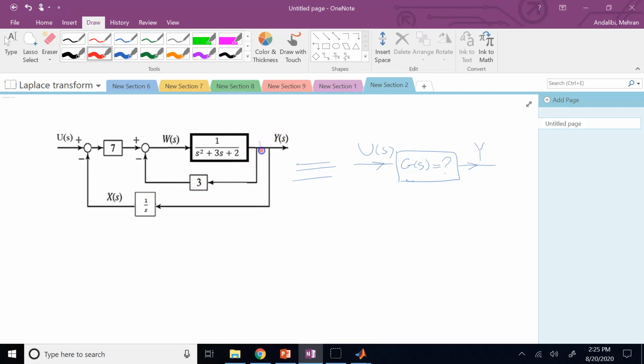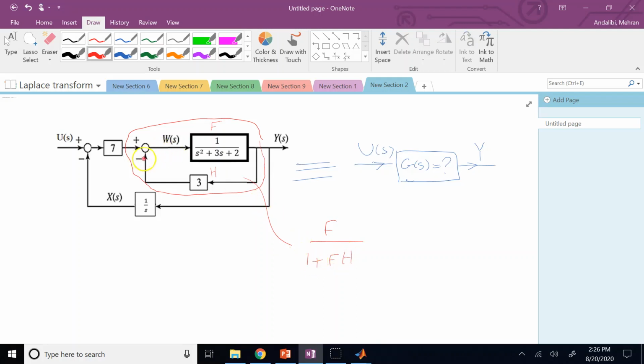This is a feedback loop where this is F and this is H, whatever you want to call it. So you can replace that whole thing with one single block, which is F over 1 plus FH.